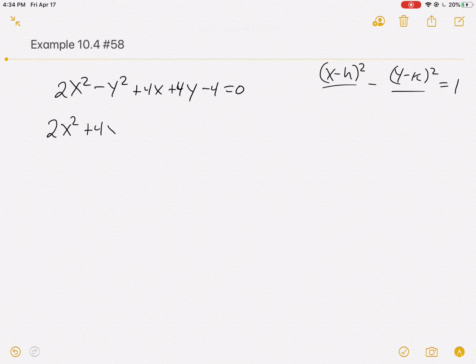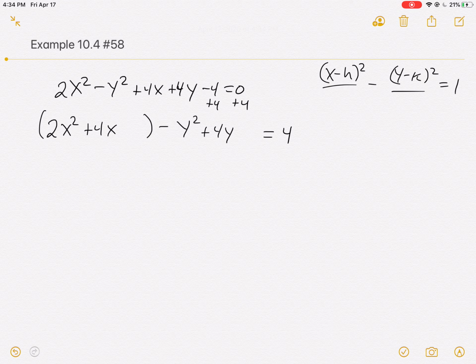I'm going to move the 4x with it, but leave some space. I'm going to move the minus y squared and put the plus 4y, leave some space, and move over the 4. This last 4 I added to both sides, only keeping the x's and the y's together but moving them close to one another.